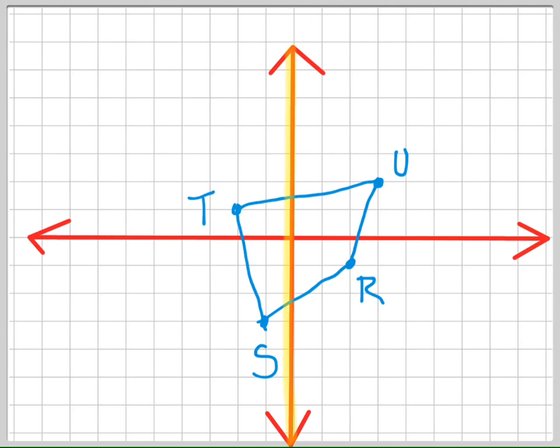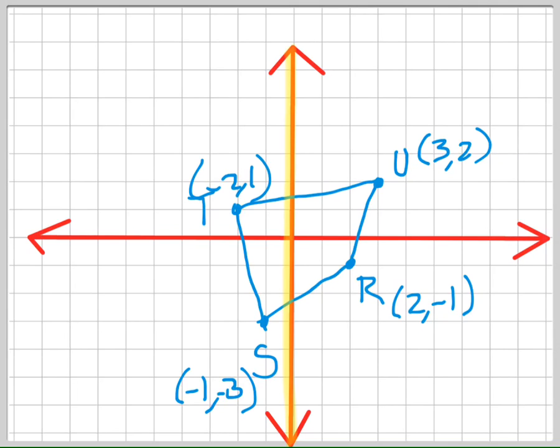That's okay. Again, the coordinates of each of these were at 3, 2, 2, -1, -1, -3, and -2, 1. The rule for the y-axis, since it doesn't shift up or down, the y-coordinate stays the same, the x-coordinate just becomes its opposite. So U prime is going to be at -3, 2.